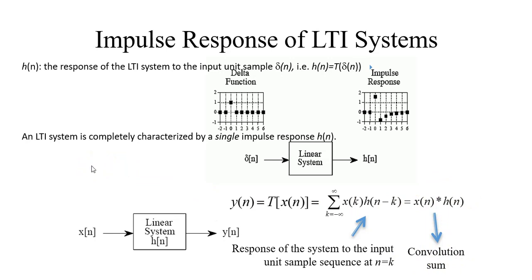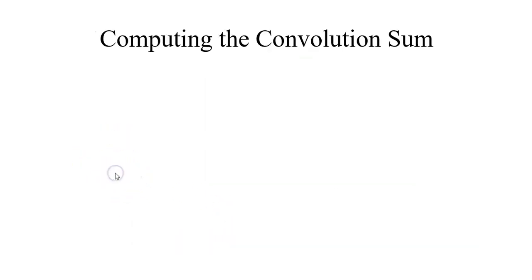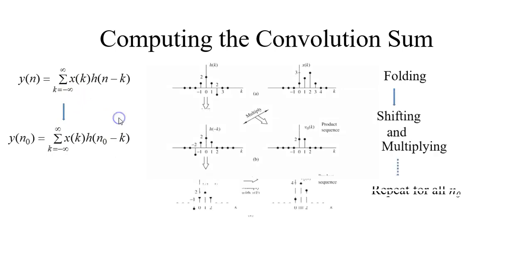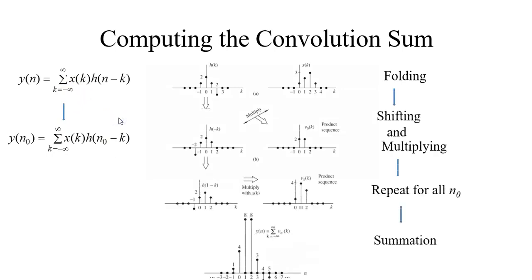And as you know, in the time domain, the operation that represents the change of the input to have the output based on the impulse response, we call convolution. Computing the convolution sum, as you know, to make a convolution, and this is an example, we need at least four main operations: reversing or folding, shifting and multiplying, repeating for all n0, and after that summation.